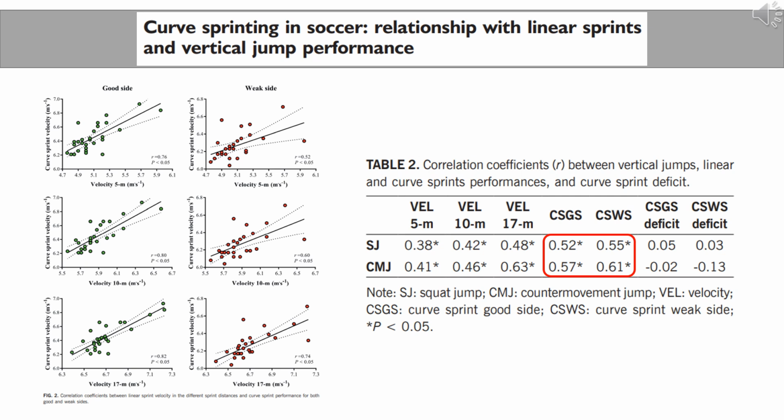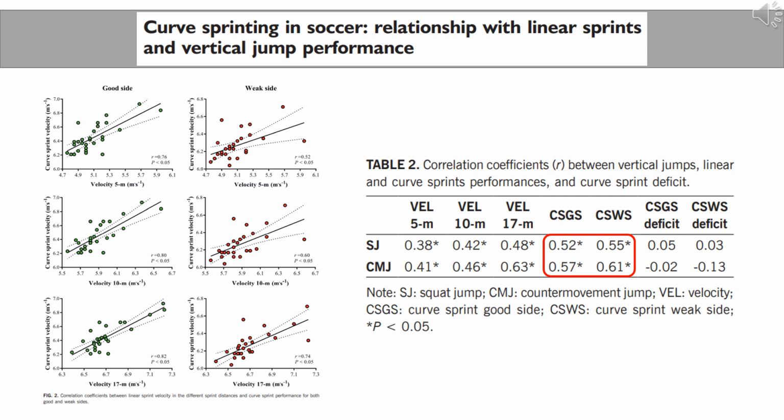And again, we can see our values here ranging from 0.52 to 0.61, remembering that our outcome metric is velocity, not time. So this means higher velocity is associated with higher jump heights, and those correlations are just about large for each of the tests and each of the curve sprint sides.